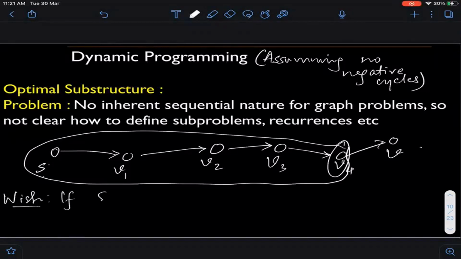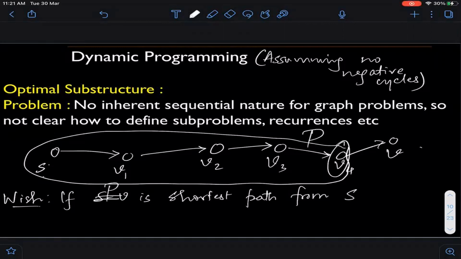Yeah. So wish is, if S to V is shortest path, from, sorry, let's give this path some name. If P is shortest path from S to V, then this should imply that, let's say this part is P prime.